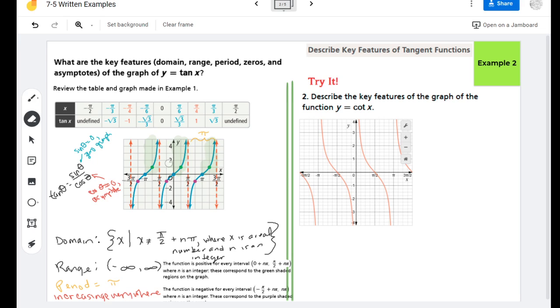We have to have that weird notation that we used for our domain to describe this little section. So this is how they're describing it: 0 plus n times pi, and then at pi over 2 plus n times pi.